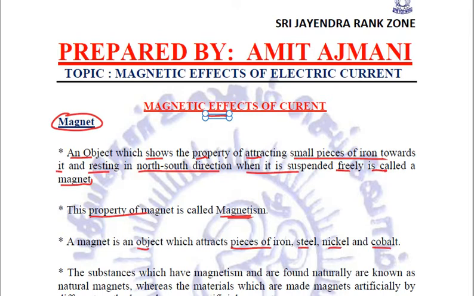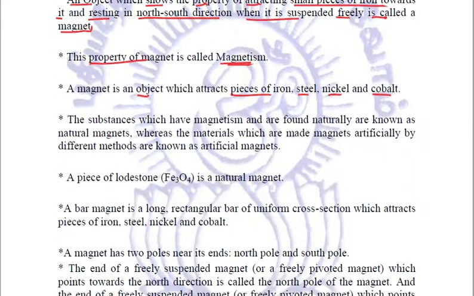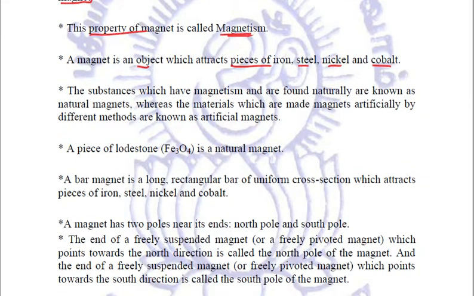Fine. So magnet has two properties. One, that it attracts the iron pieces towards it, and when it is suspended freely, it will rest in north-south direction. Now the substances which have magnetism and are found naturally are called the natural magnets, whereas the materials which are made magnets artificially by various methods are called artificial magnets.